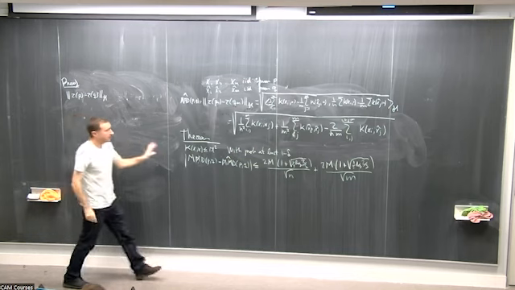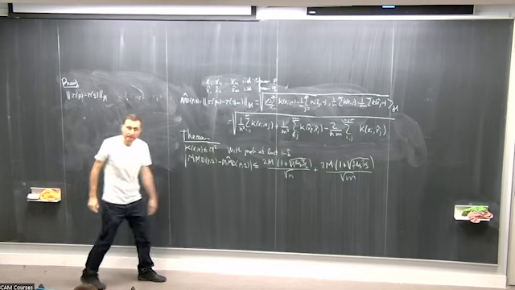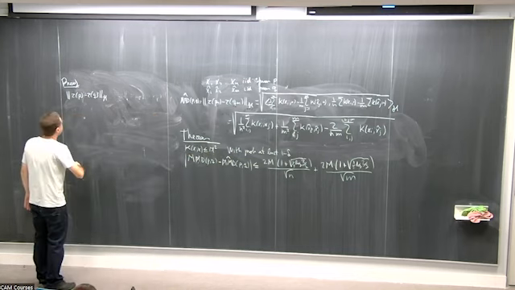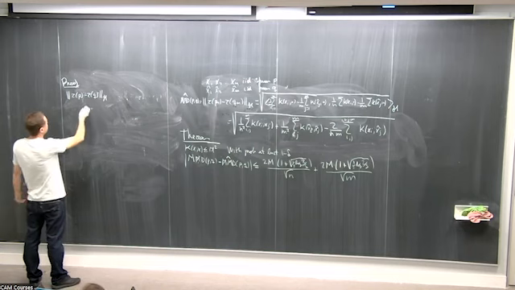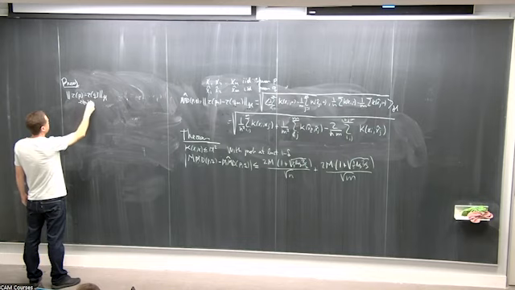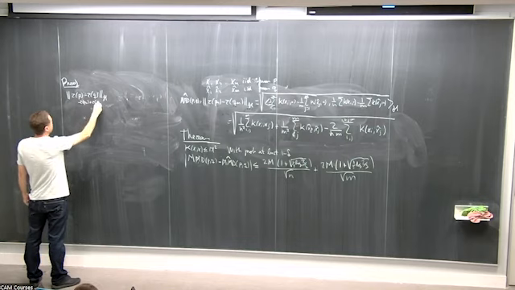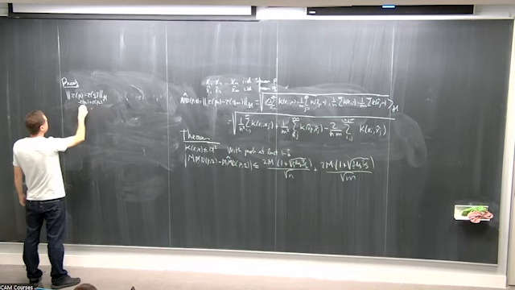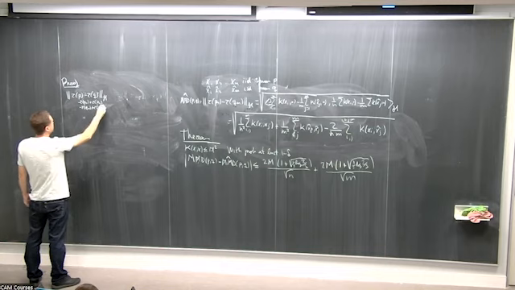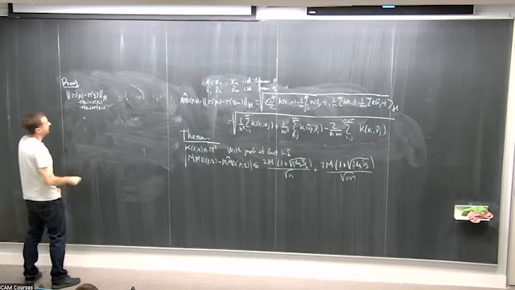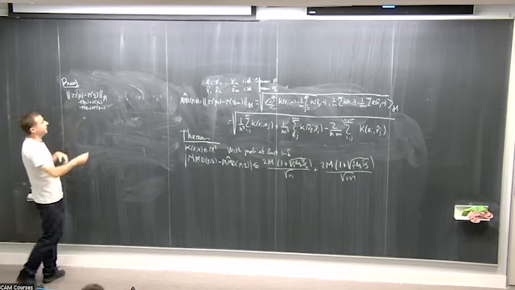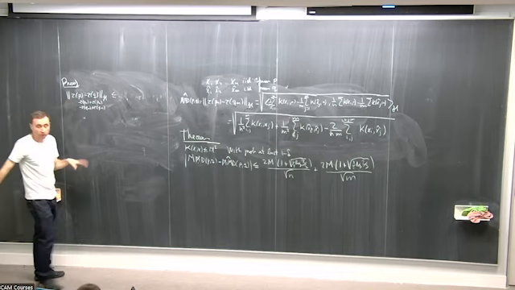We want to relate it with the MMD of the empirical embeddings. So what we can do is add and subtract the empirical embeddings of the P's and the Q's, and then we use the triangular inequality.